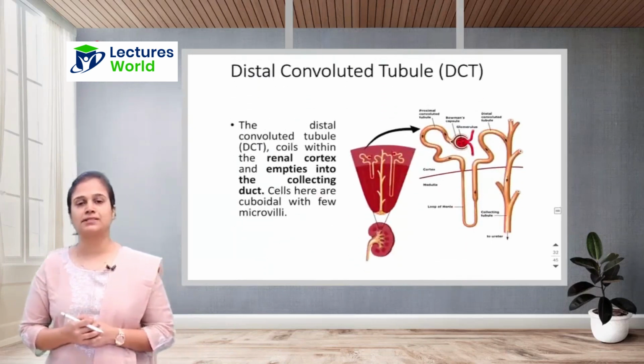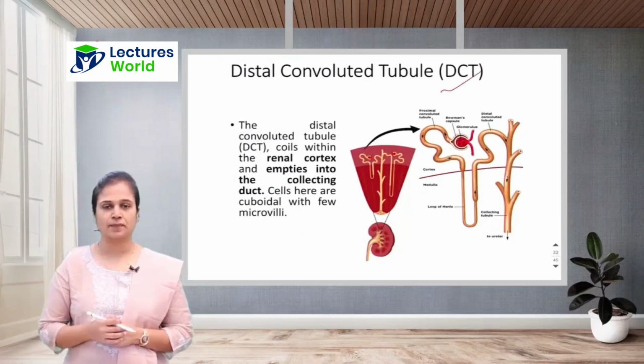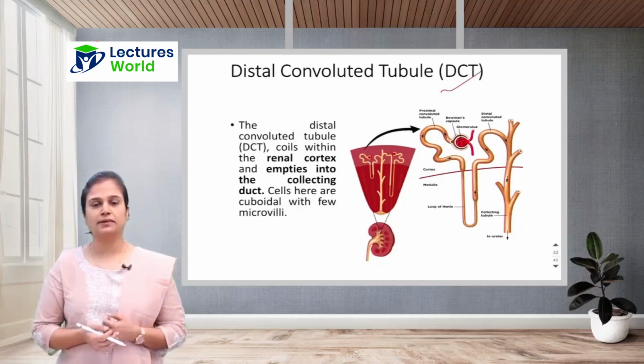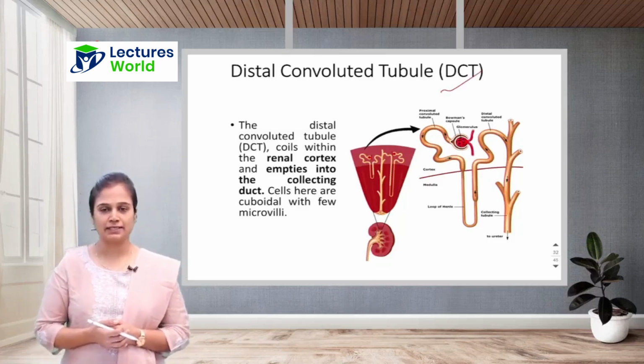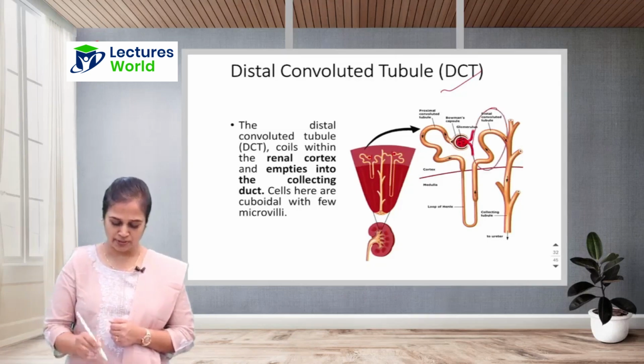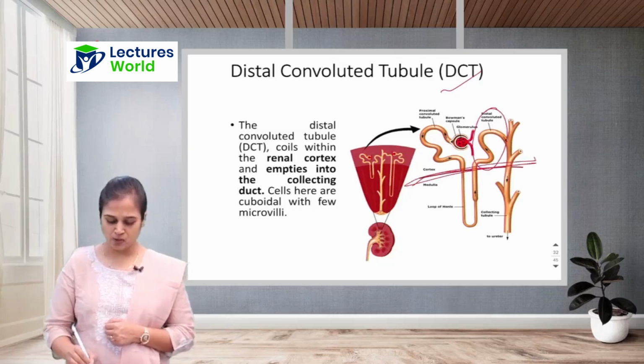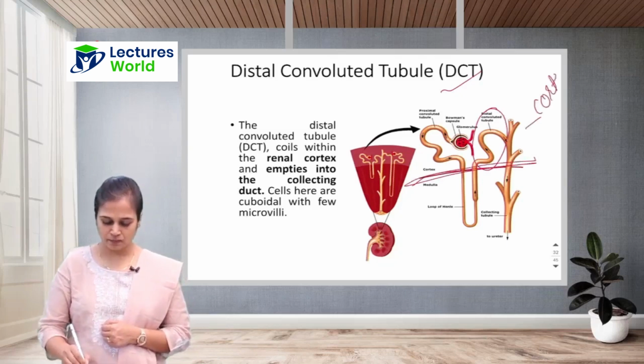We'll talk about the distal convoluted tubule, in short called DCT. The distal convoluted tubule coils within the renal cortex and empties into the collecting duct. So you can see this is the distal convoluted tubule. This is the line which divides the cortex, and this is the medulla.